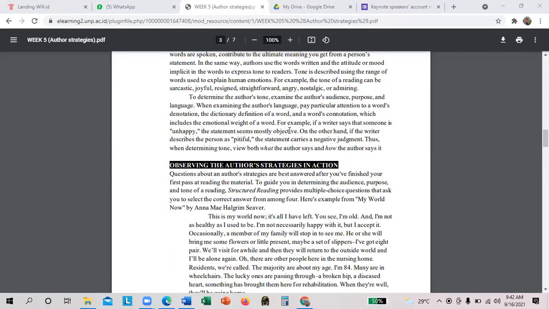But if someone is described as pitiful, the words or the sentences will carry a negative judgment. So that's how you will identify the tone of the author.